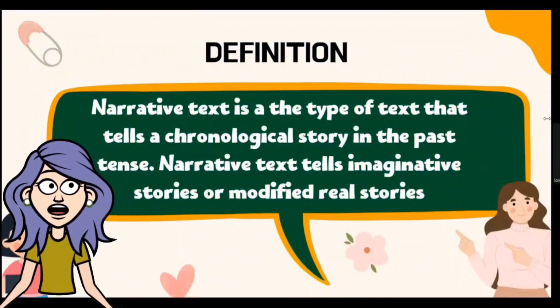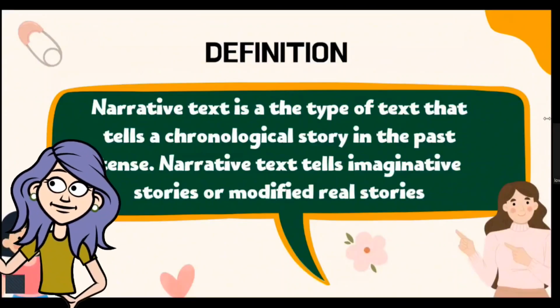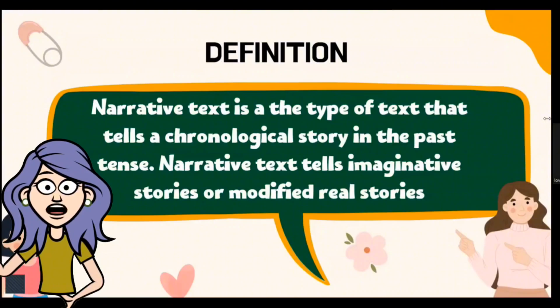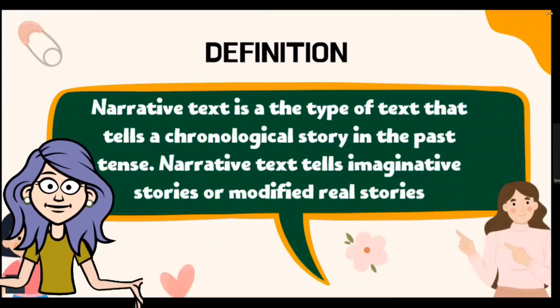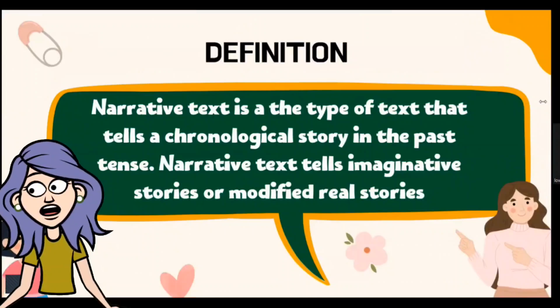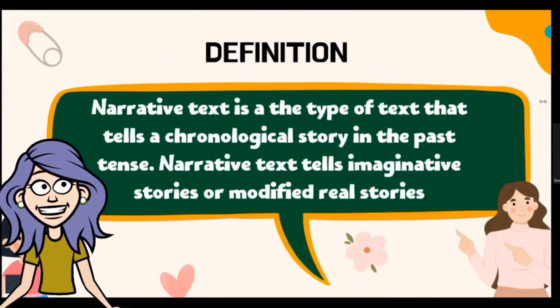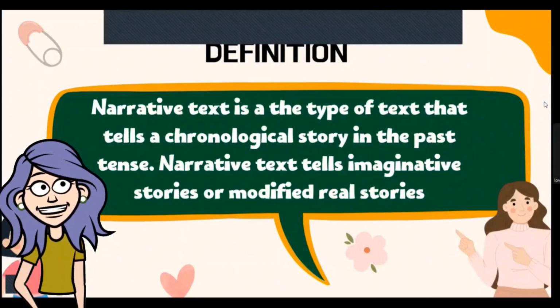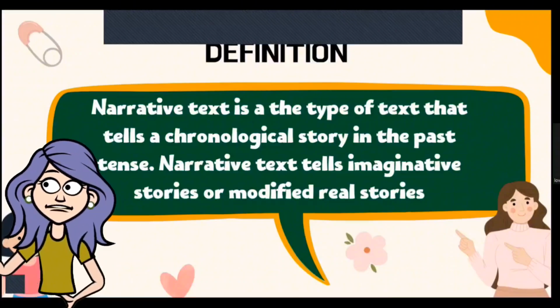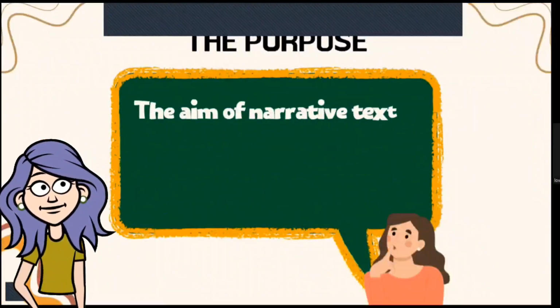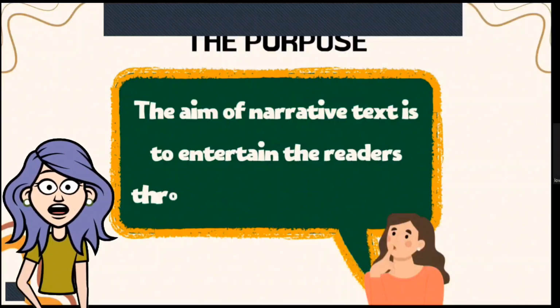Okay, the definition of narrative text is a type of text that tells a chronological story in the past tense. Narrative text tells about imaginative stories or modified real stories. So the purpose of narrative text is to entertain the readers through an amusing story. So there are the kinds of narrative text.